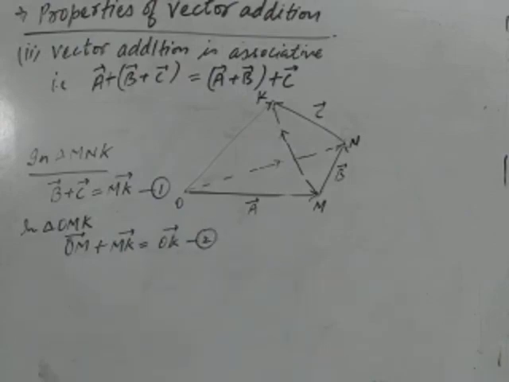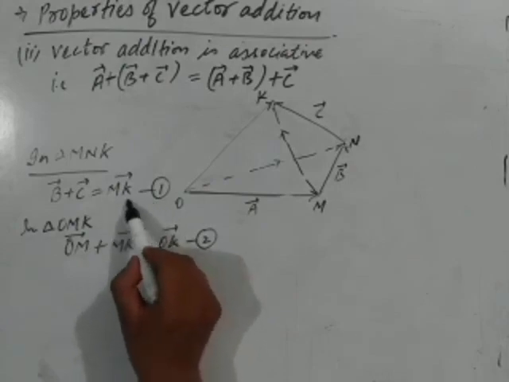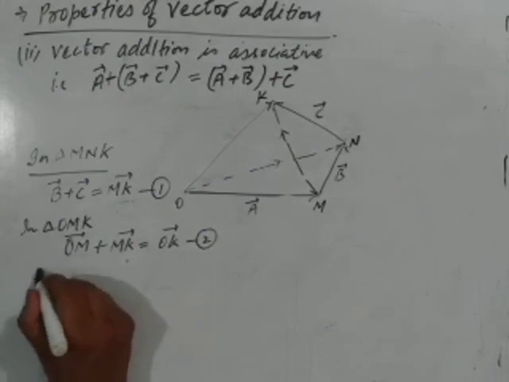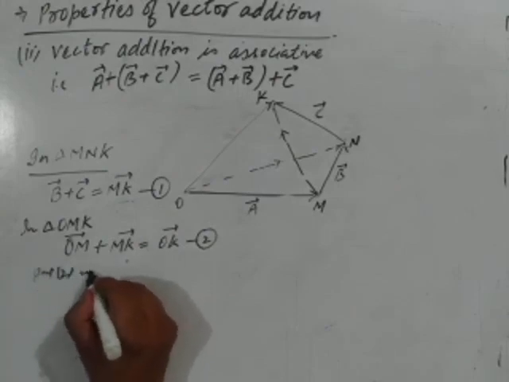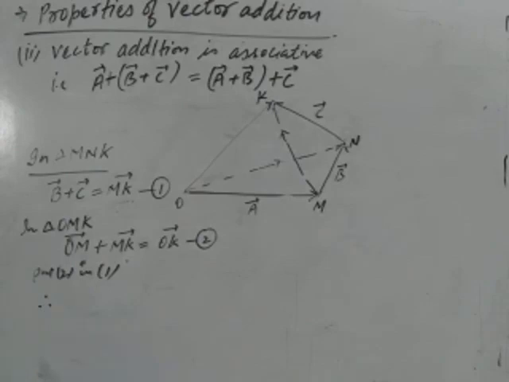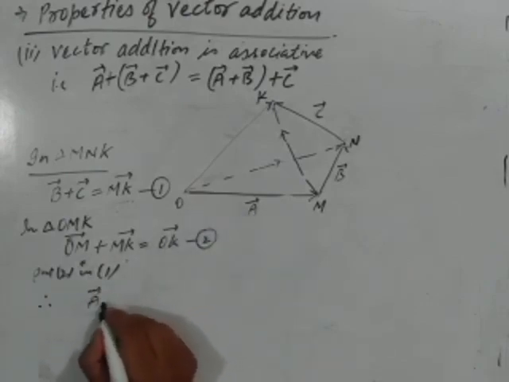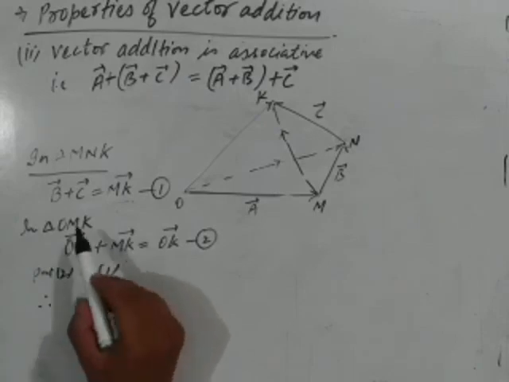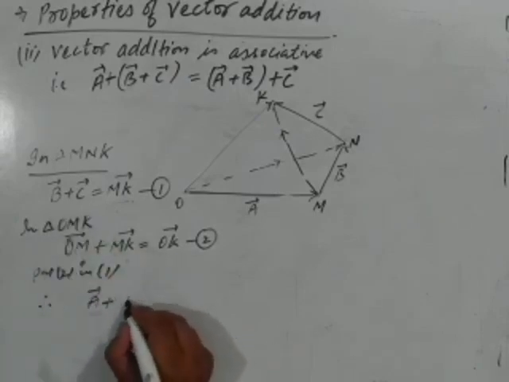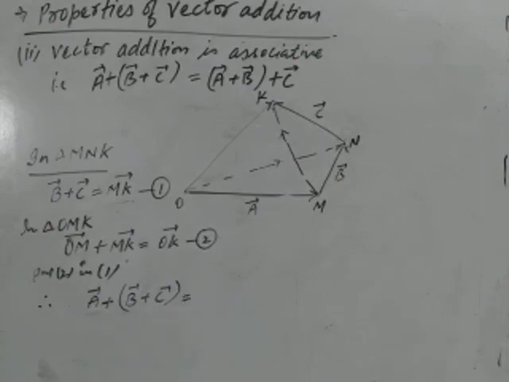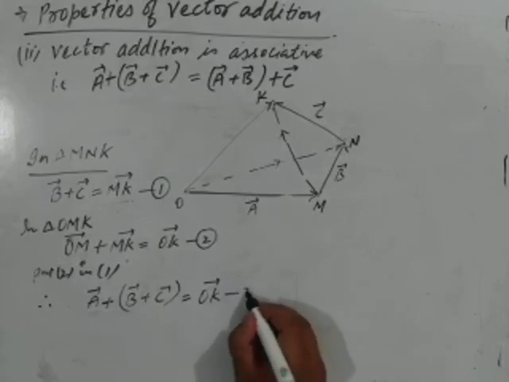So we can put the value of MK from equation 1 in equation number 2. Therefore, OM equal to A vector plus MK, which is B vector plus C vector. So A vector plus B vector plus C vector is equivalent to OK vector. Equation number 3.